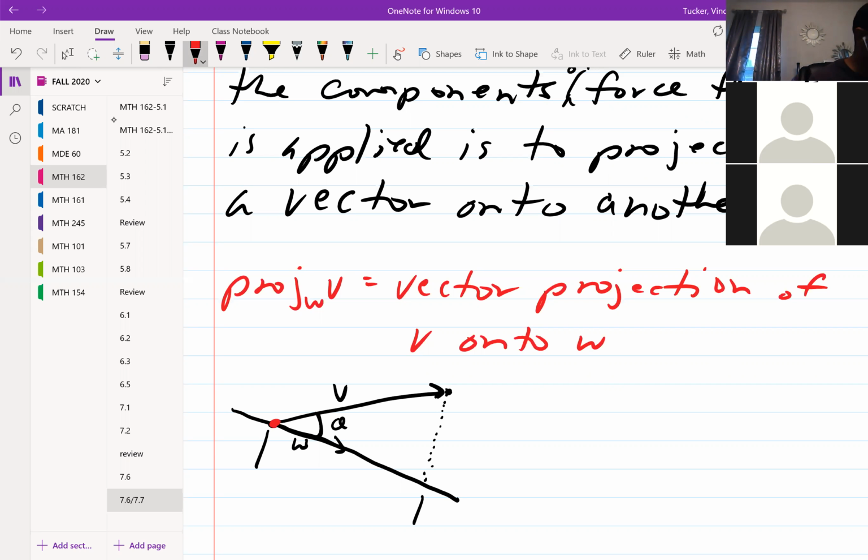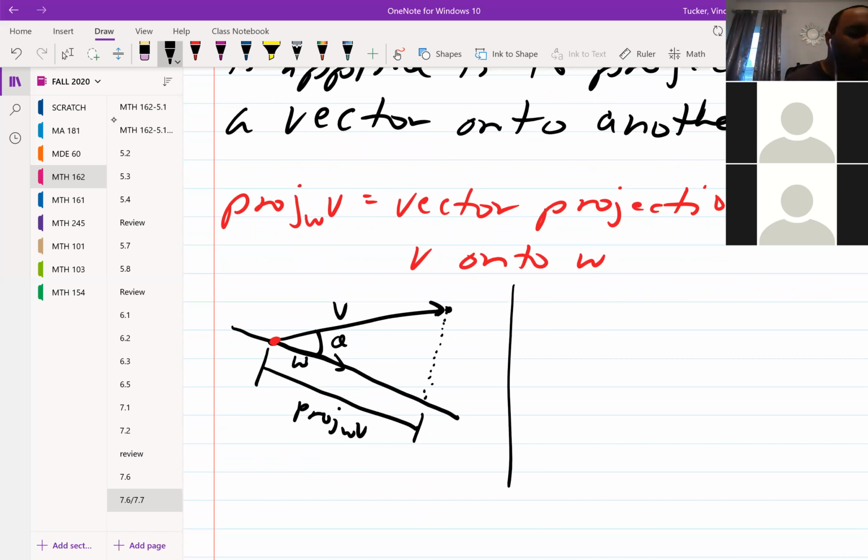I guess I'll draw another diagram to make sure we get it better.